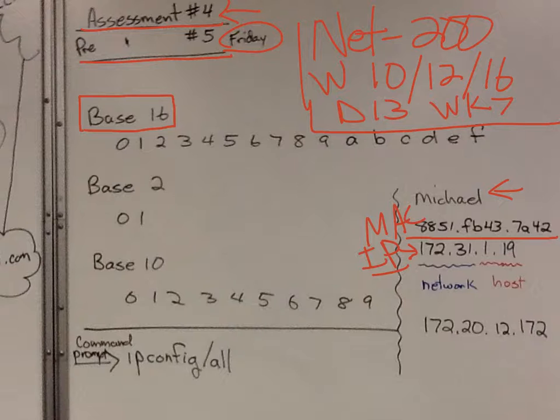Logical and physical. And we found this address, and I believe we found it with port 18 on the switch. So we were able to identify it from the switch.